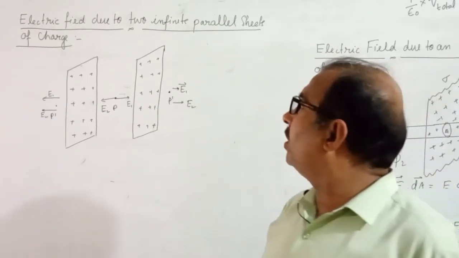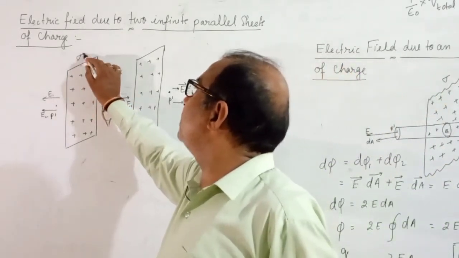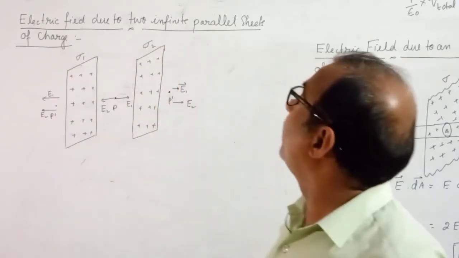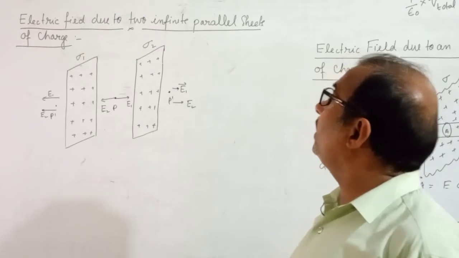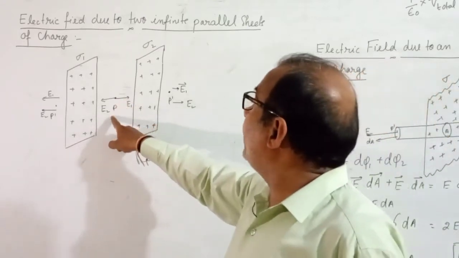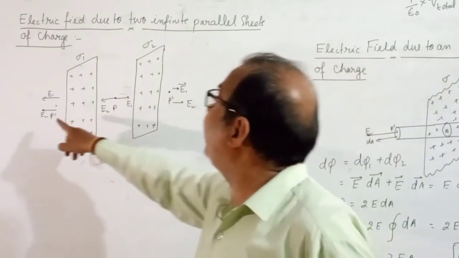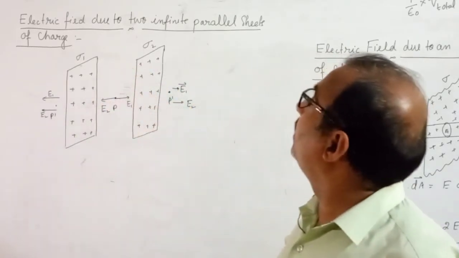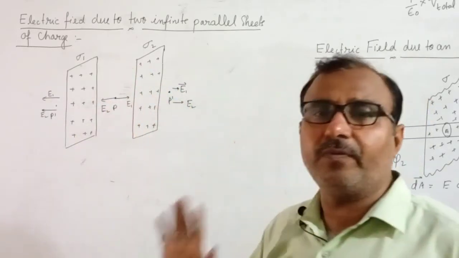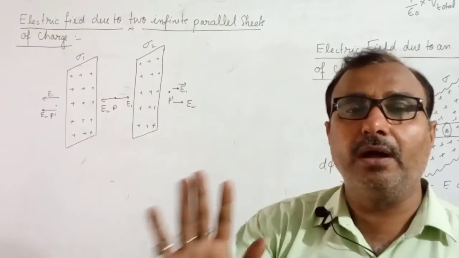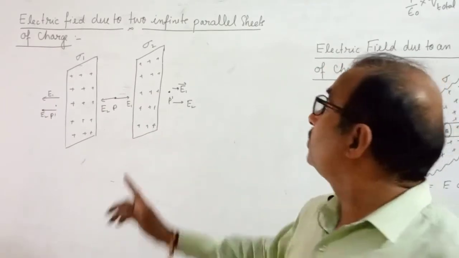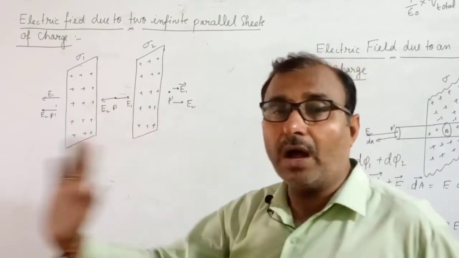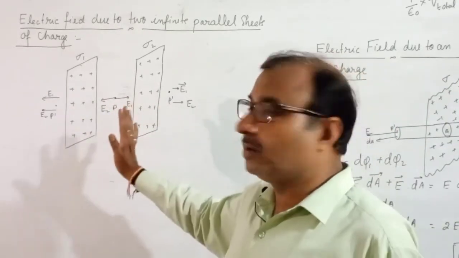As you already know, suppose their charge density is sigma 1 and here charge density is sigma 2. Okay, you can see this is point P, and this is point P dash. When we talk about inside, due to positive charge, electric field is always outward. So due to sigma 1, intensity of electric field is away from the sheet.